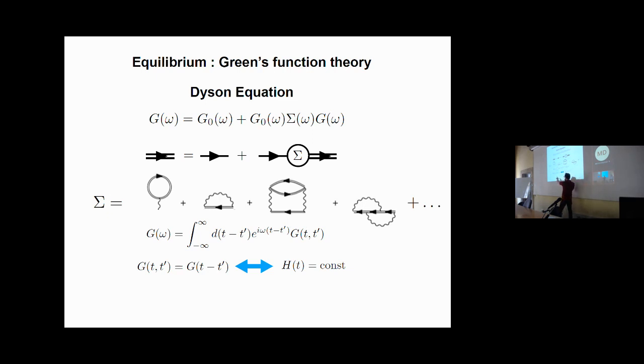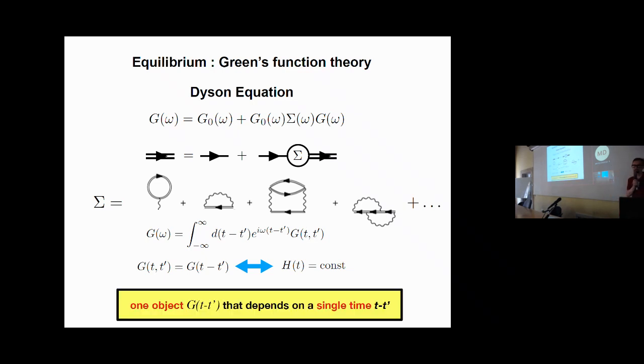And this allows us to write G(t, t prime) as a function only of the time difference. So de facto, the Green's function in equilibrium depends only on a single variable. To summarize, in equilibrium there is only one unknown object to calculate, which is G, that depends only on a single variable, the time difference.